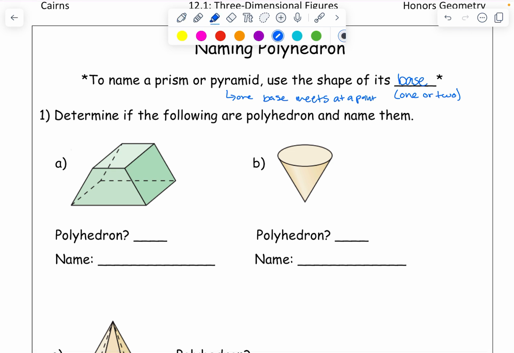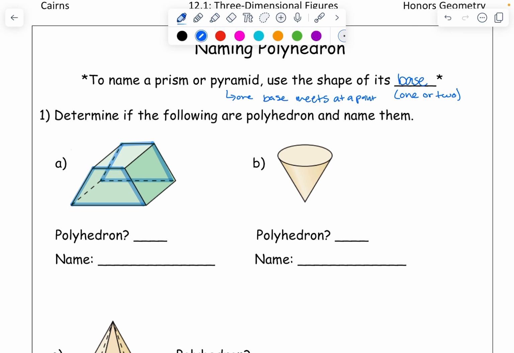Okay, so looking at A, the only shape that there is 2 of is going to be our trapezoids. We have 2 trapezoids. Other than that, we have 4 rectangles. So we know we're going to be looking at that to name it.